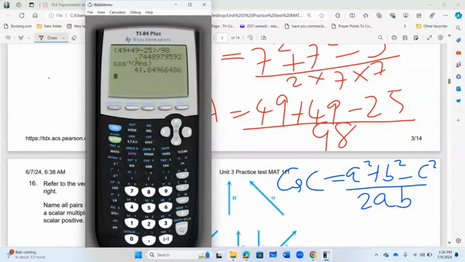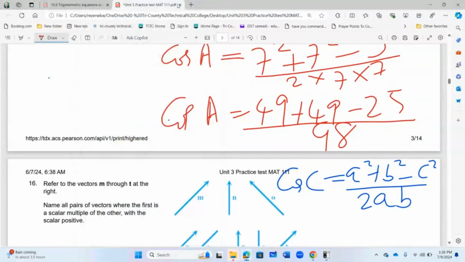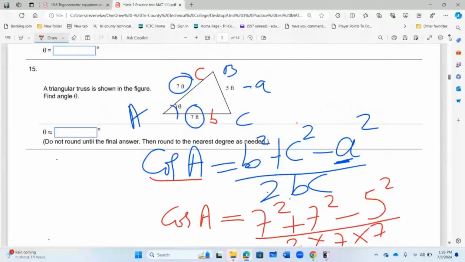So I found the answer. To 2 decimal places, I have 41.85. So I'm going to go up. So that angle is 41.85 degrees.